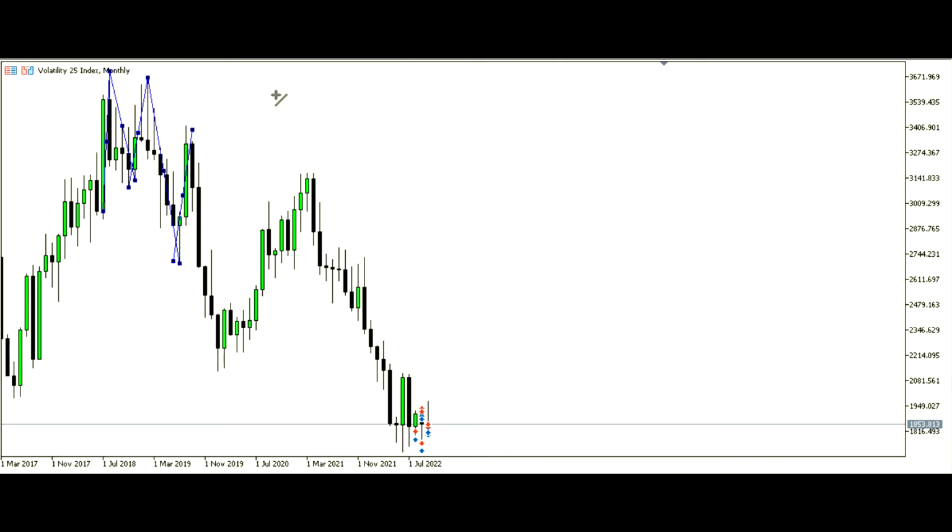So that's when we are in a bearish market. You could see it traded down here and then came back up. When it came back up here, we noticed that price did not break the previous high.